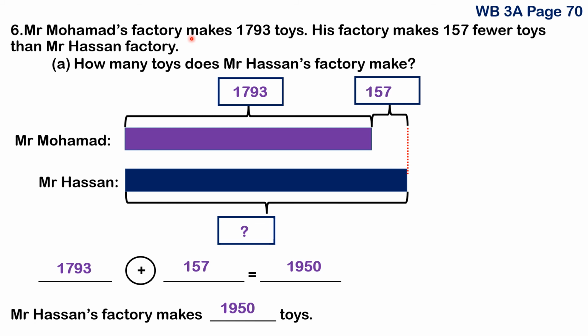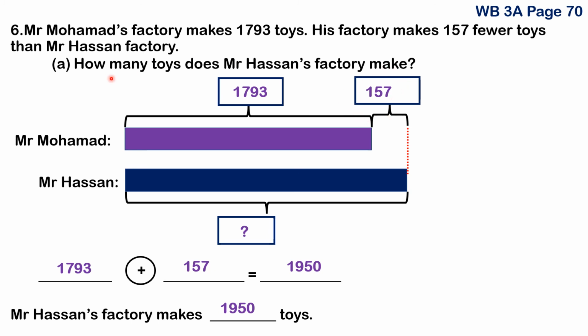Mr. Muhammad's factory makes 1,793 toys, and his factory makes 157 fewer toys than Mr. Hassan. So if we draw this in a bar model, we will have this, where Mr. Muhammad is the purple one with 1,793. And since his factory makes 157 fewer toys, we put that here.